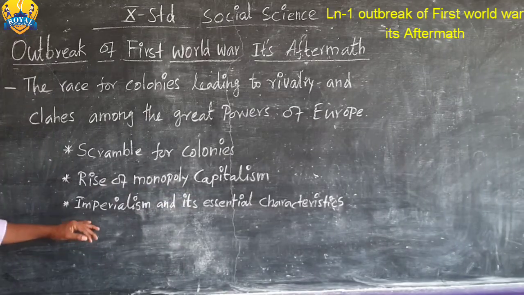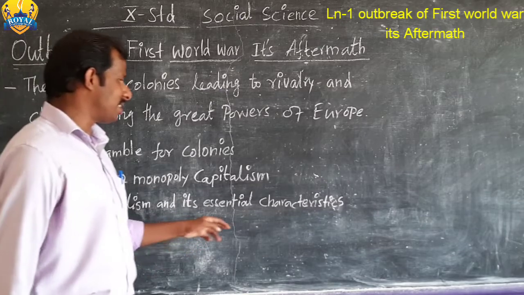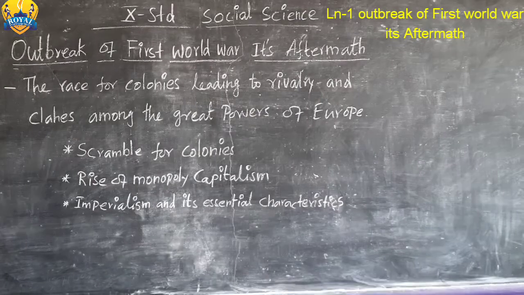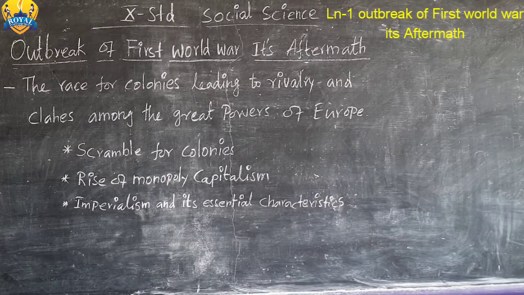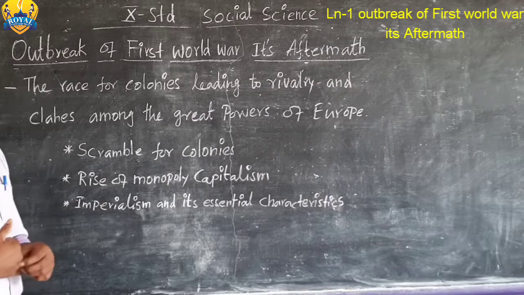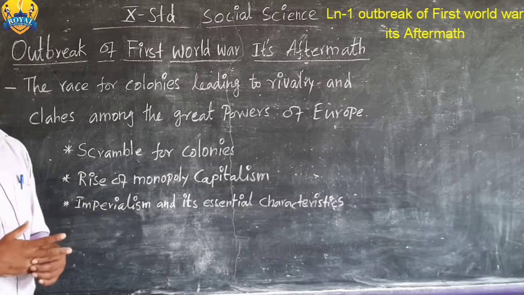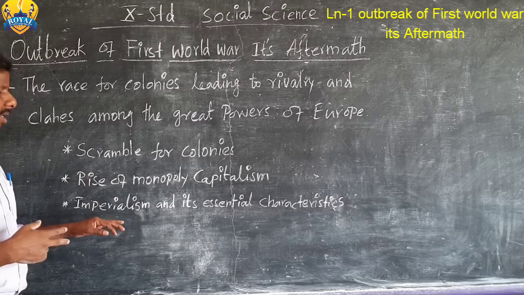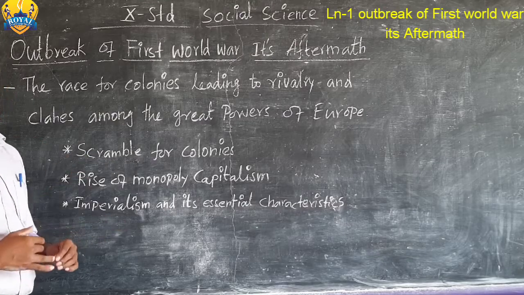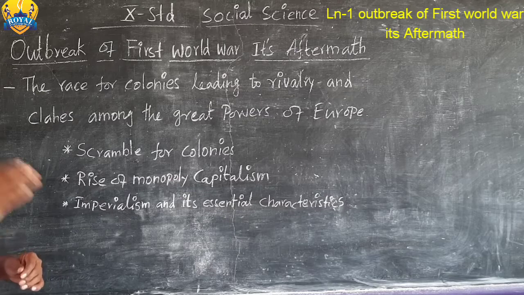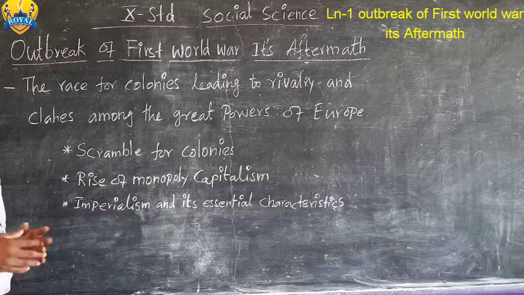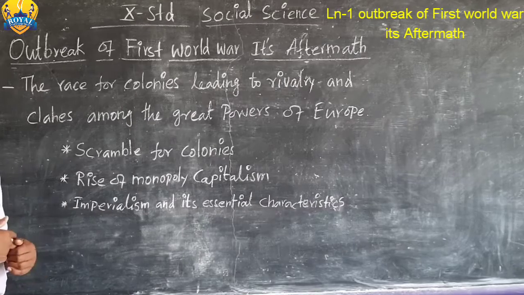The next one is imperialism and its essential characteristics. According to Lenin, imperialism is a most dangerous factor for rivalry. Most of the European countries dominated other countries and controlled the political and socio-economic life of the colonies. That is called imperialism.